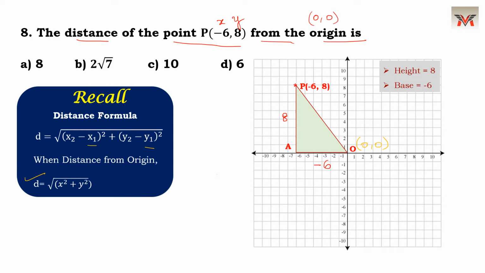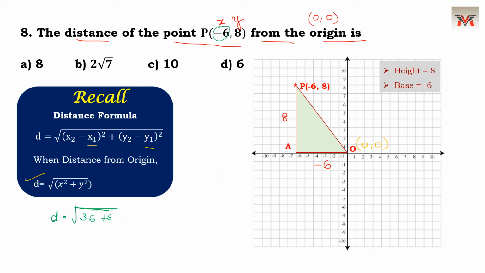So what's the value of D here? D, that is distance between the point and the origin, is equal to square root of x square. What is x here? It is minus 6. So 6 square, that is 36. Minus 6 into minus 6 gives us 36, plus y square, that is 8 square, which is equal to 64.